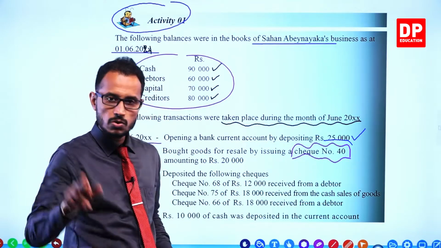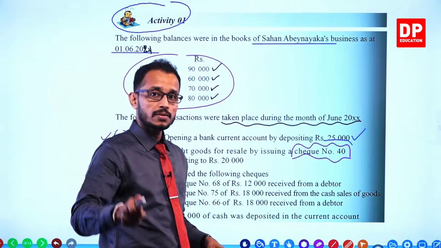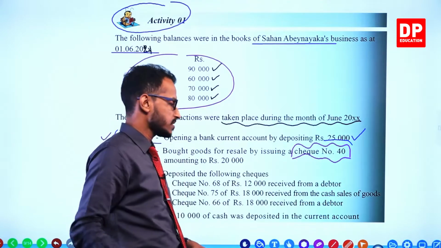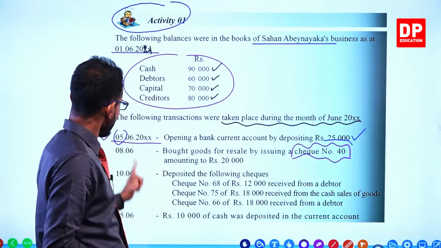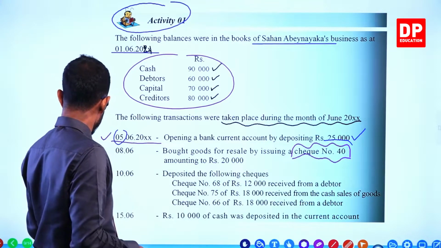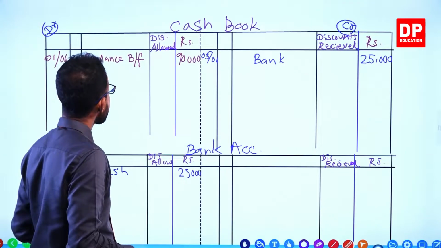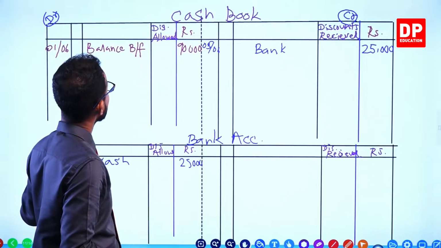No, there is no goods account. Which account should be debited? Purchases account. Very good. So check number 40, 20,000. Bank account should be credited.